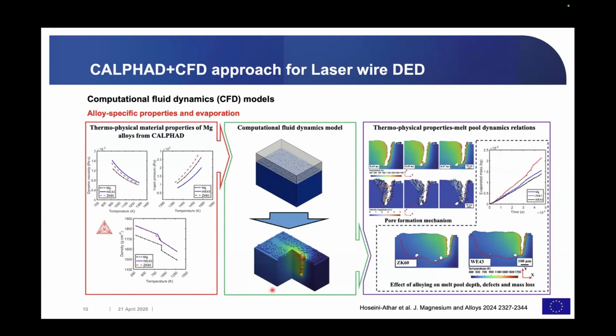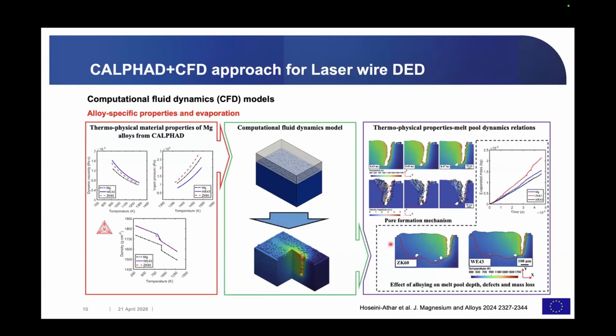But in a previous study, we tried to use this for alloy-specific materials. For example, this is for some magnesium alloys, because they have lots of evaporation and it's very important in additive manufacturing of magnesium alloys. It was also a good example to see, even in the same alloying system, if you have a few percent more zinc or rare earths in this case, can the model still capture this? And the answer was kind of yes.